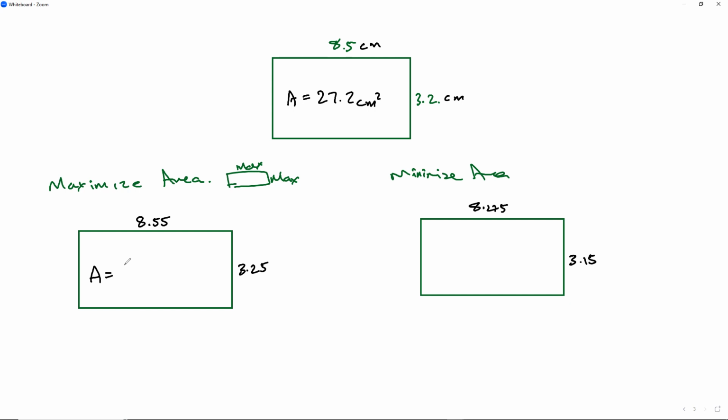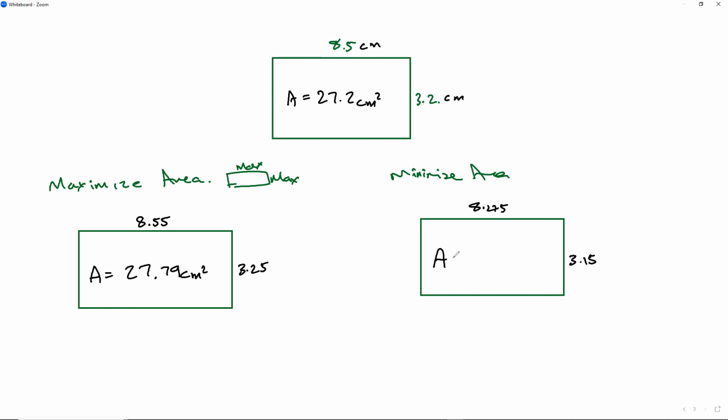Whereas this one here will be 8.55. Let's see how it changes, if it does change dramatically or not. And this becomes 27.79 to 2 decimal places centimeters squared. And if I change it to 8.45, 3.15, comes to 26.62 centimeters.